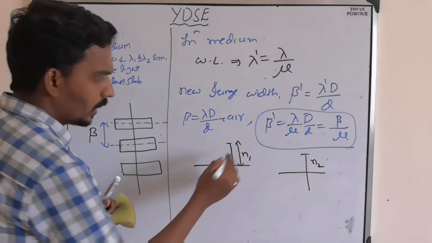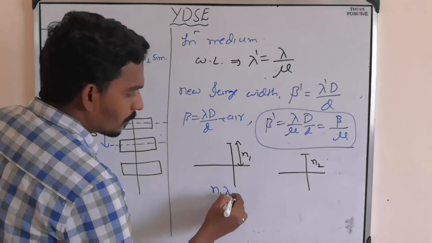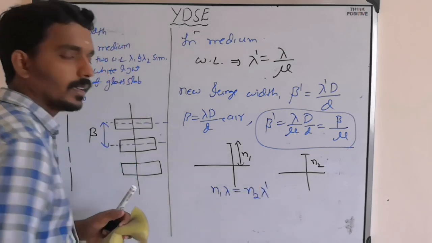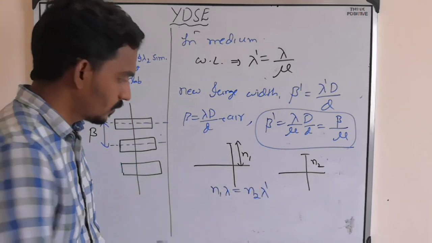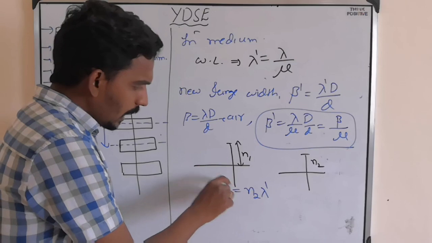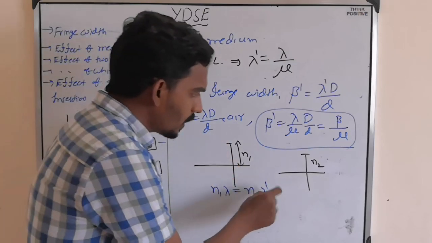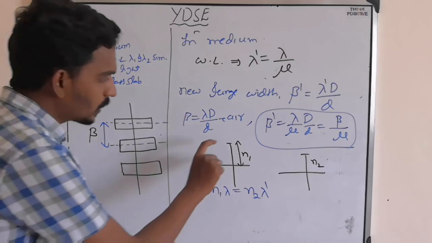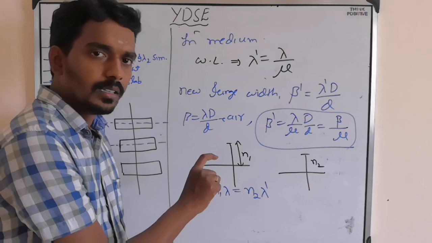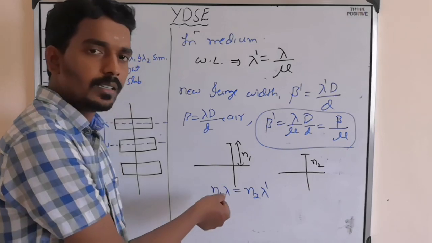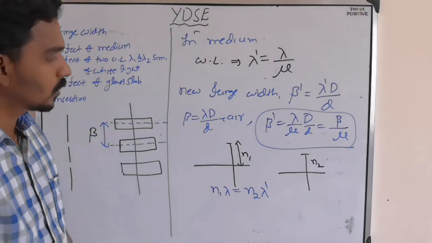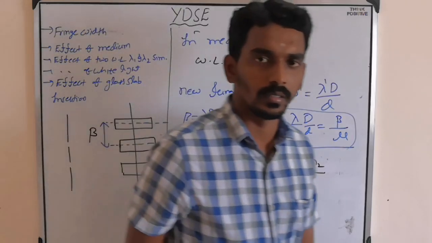Now here n1 lambda equal to n2 lambda dash. So with lambda, n1 fringes are observed; with lambda dash, n2 fringes are observed. But the total length of the screen is the same. Within the same length, because of the change in wavelength, the number of fringes changed. So this way they can ask a question.